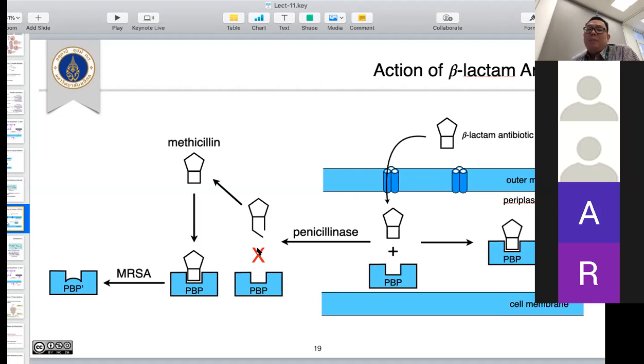Bacteria die, and bacteria keep developing the enzyme penicillinase until we use methicillin. Okay, methicillin is the last. Methicillin is a special one. It is designed to tolerate the penicillinase enzyme.